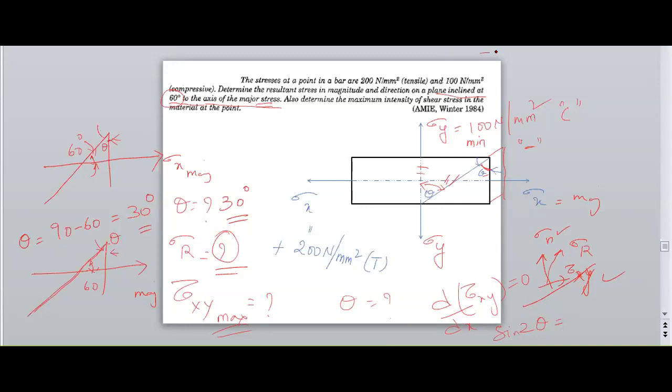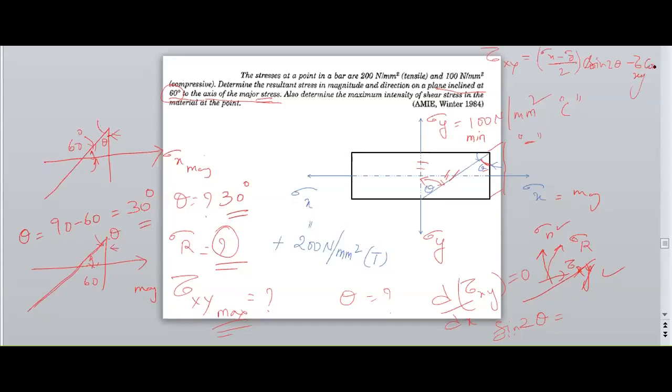In the shear stress equation, that is nothing but sigma x minus sigma y by 2 sin 2 theta minus tau xy cos 2 theta.